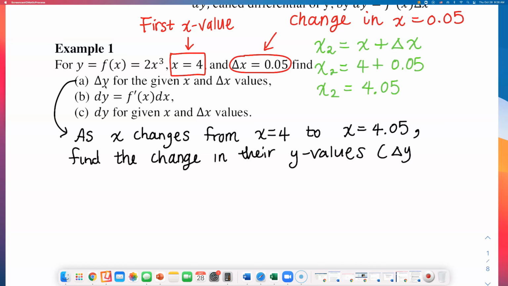That's what delta y is. So x goes from 4 to 4.05. What are their y values?